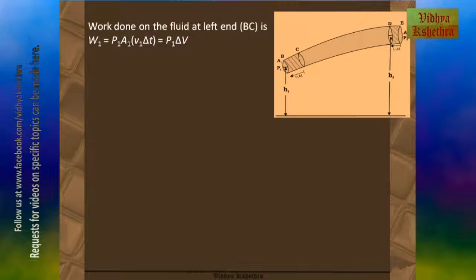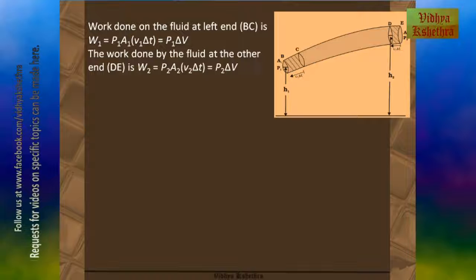Now, the work done on the fluid at the left end, that is BC, is W1 is equal to P1 into A1 into V1 delta T, or P1 into delta V, as we can take A1 into V1 delta T as the volume of the flow.